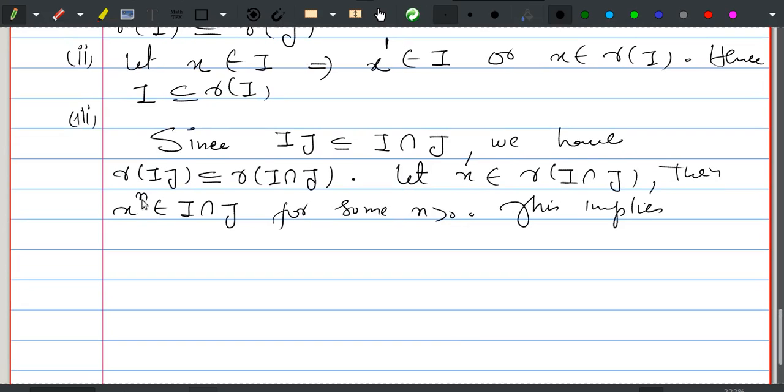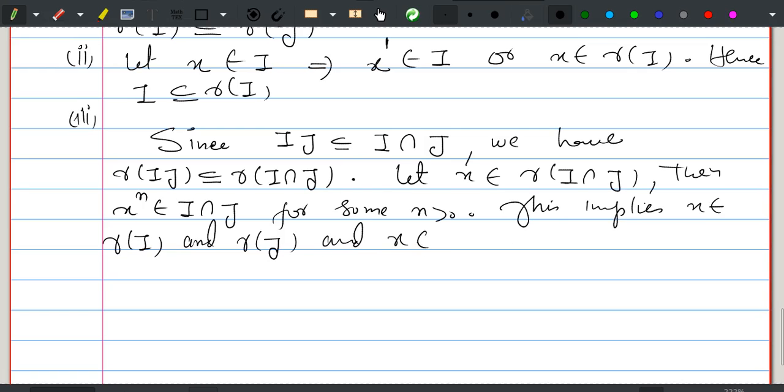Now x to the power n belongs to I ∩ J means x to the power n is in I as well as in J, i.e. x is in the radical of I as well as in the radical of J. So this implies x belongs to the radical of I and the radical of J, and hence x is an element of their intersection, because it lies in both the radical of I as well as the radical of J.